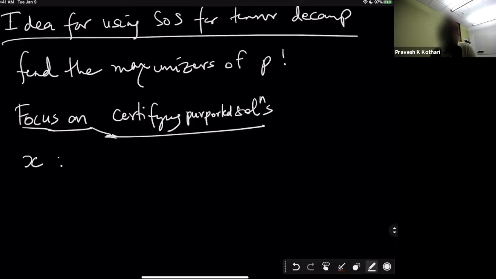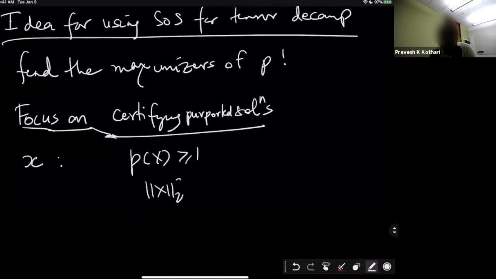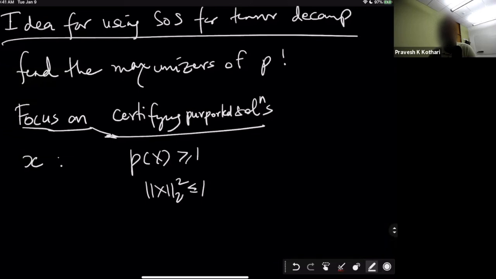Well, check if P of x is at least 1, because we know that's the maximum value of P, and check that this is indeed on the sphere. Check that both those conditions hold, and then you're done. So that's the natural test. And so now what do I have to do? I have a test, and now I have to prove completeness and soundness.